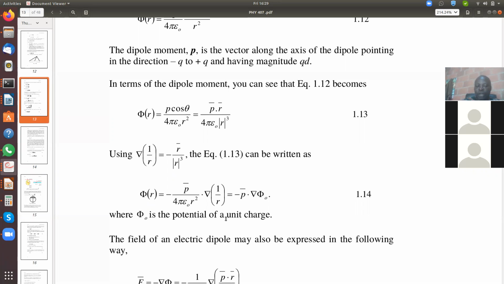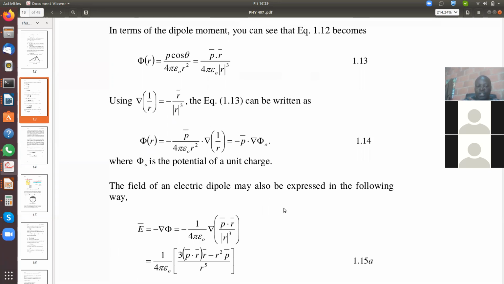So phi is the potential of a unit charge. So the field of an electric dipole may also be expressed in the following way. So we know that if you know the potential, you can also determine the electric dipole field, which is going to be in this form. So by the time you perform analysis on this now, just a kind of vector notation, you are going to have this expression.